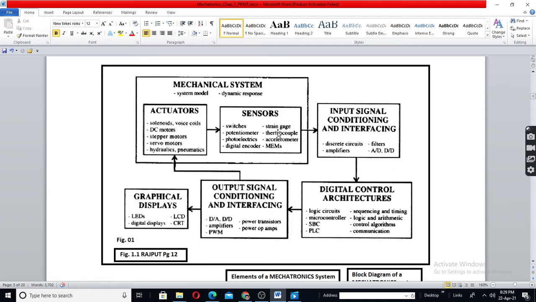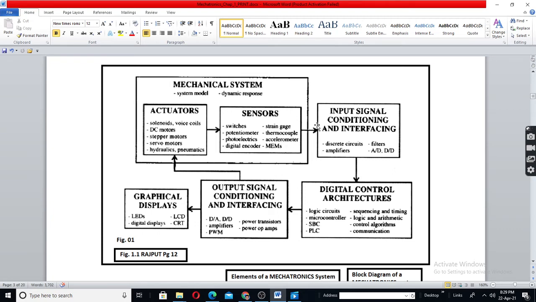But you cannot give the sensor output directly to the control, because this may be of very low value and may need to be amplified, and this may be an analog value, this may need digital input.